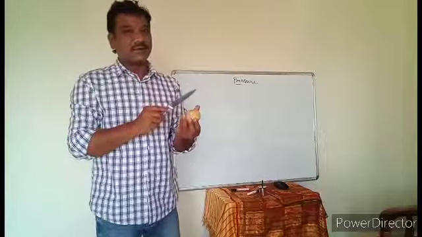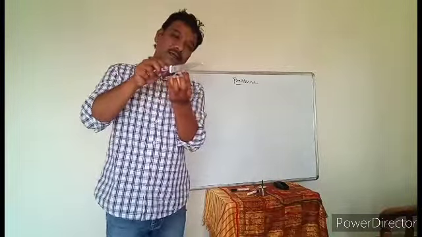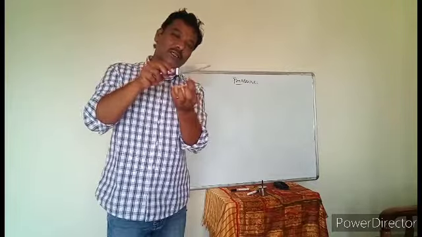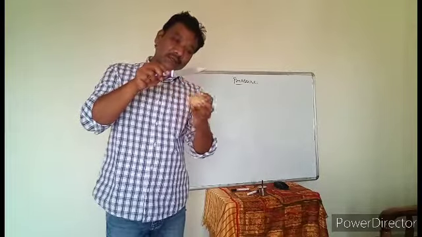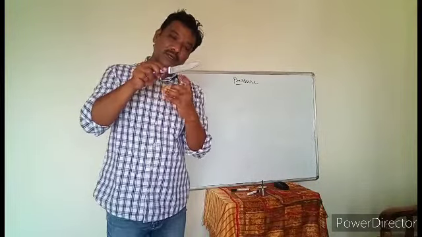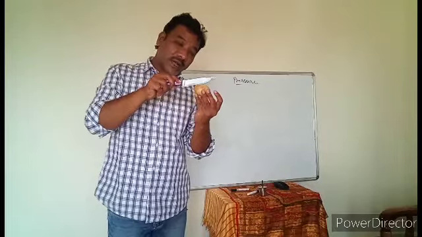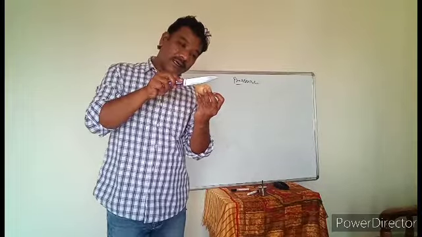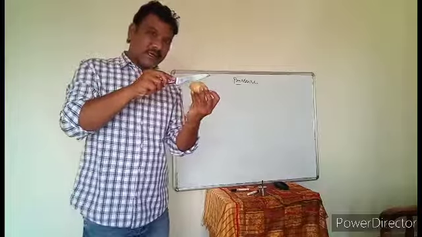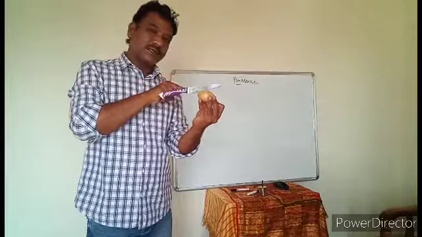What is the reason here? This is the sharp edge. The area of contact of the sharp edge with this vegetable, one object, and the knife, another object, is less. When the contact area is less, we need less force to cut it.